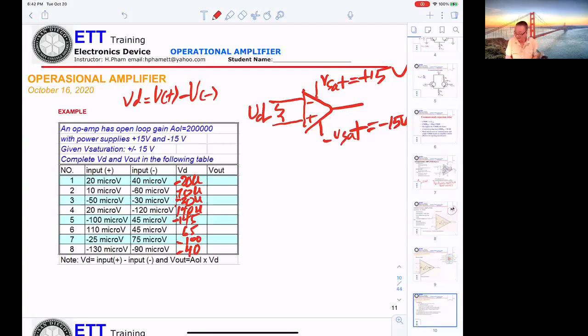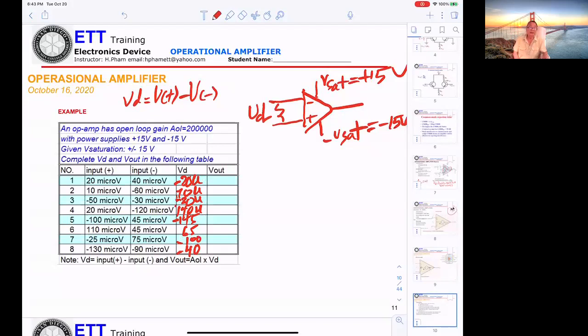Now they want to know what the output is. Before you can find the output, you must understand something here. I suppose the op-amp is saturated. What they said is that when you apply an input that is too big, the op-amp will be saturated.